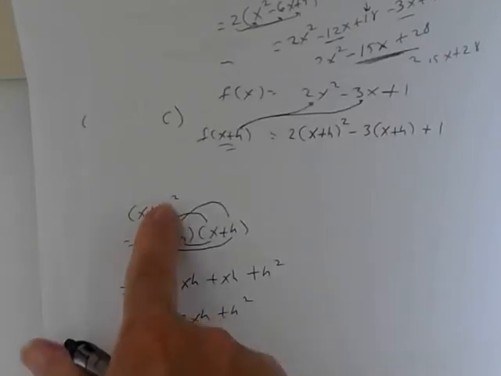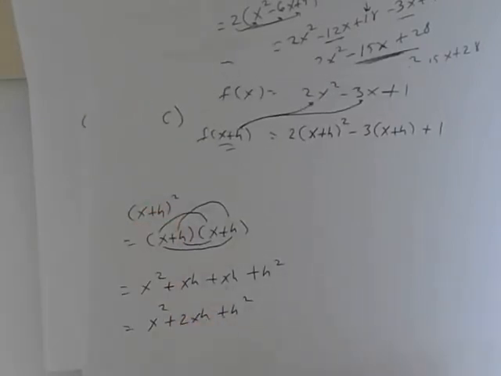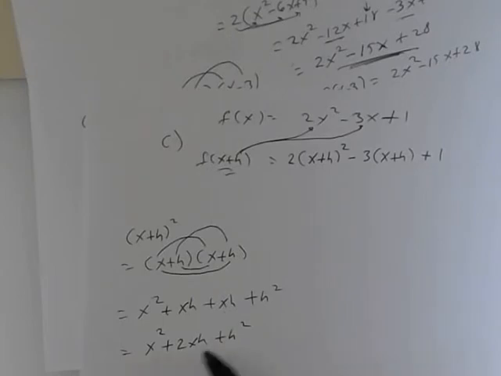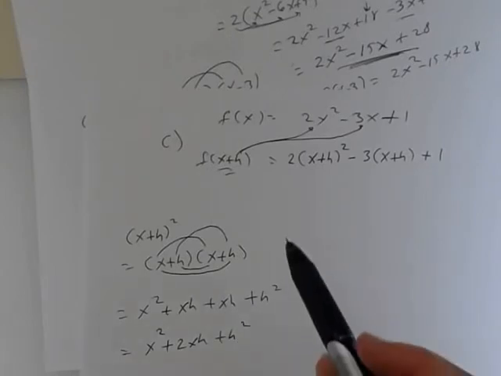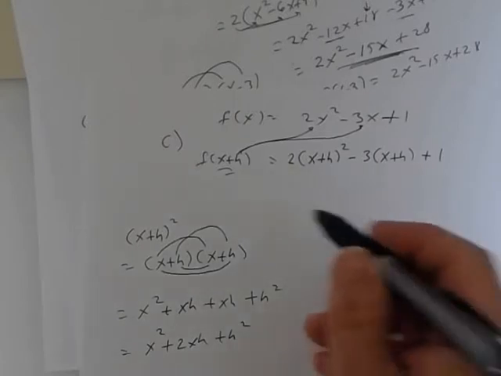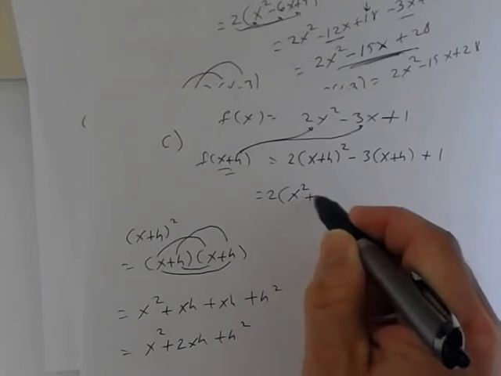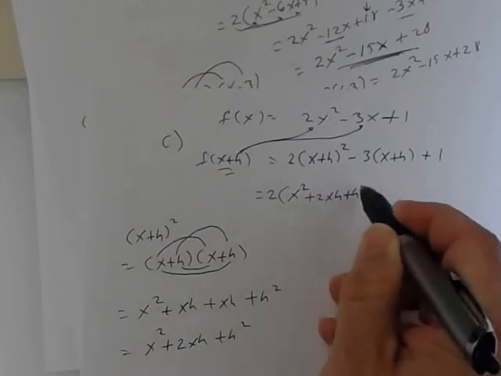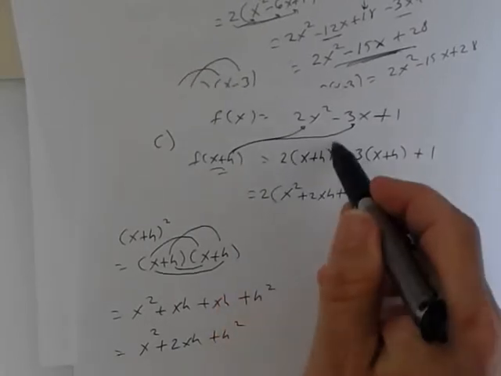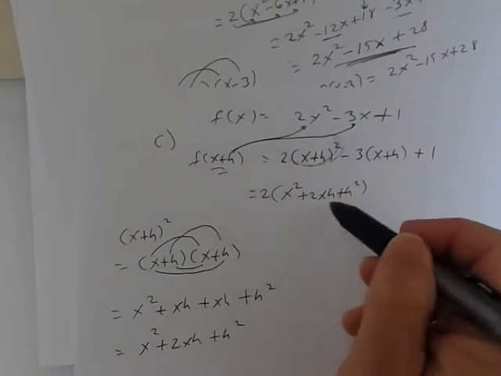Because you're always going to have this in it. All right, so that goes where? Next to the 2. So that's 2 times this binomial. Okay, y'all agree that this right here is this, right?